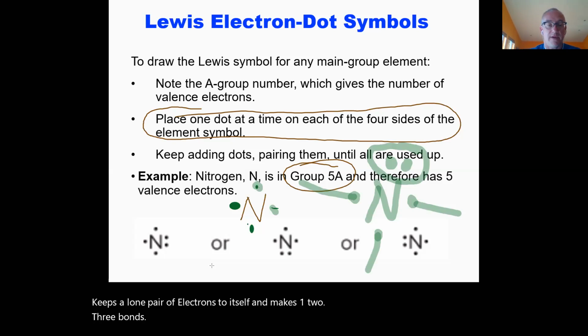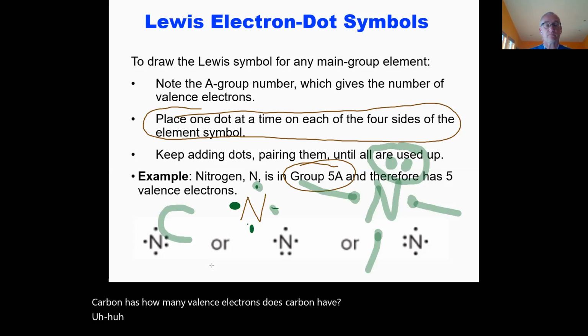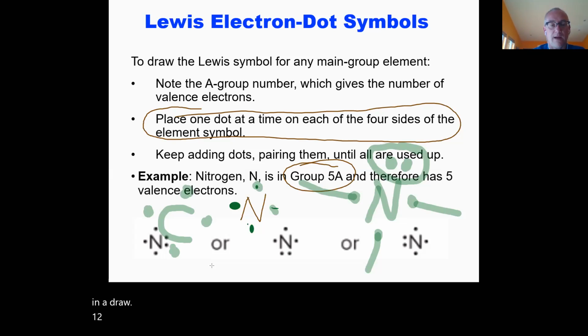If I make carbon, how many valence electrons does carbon have? 4. So I'm going to draw them. 1, 2, 3, 4. I'm done.